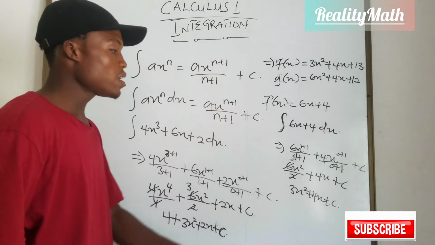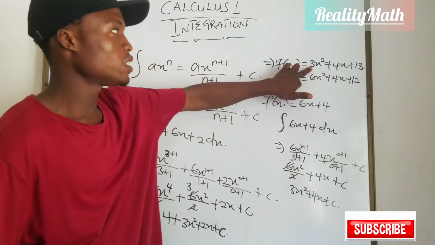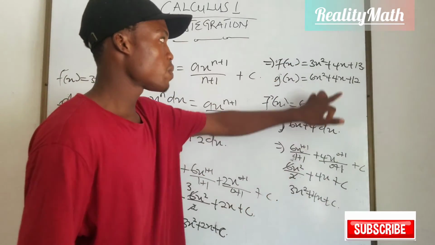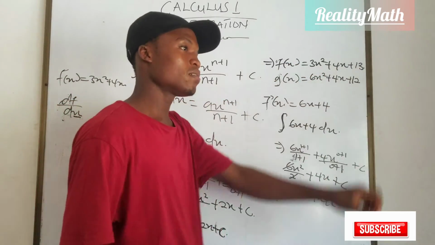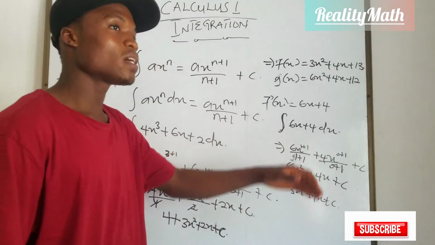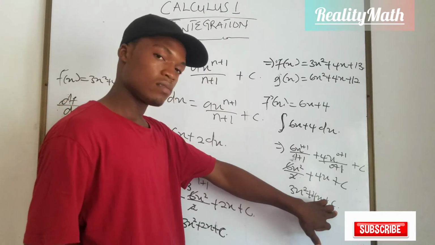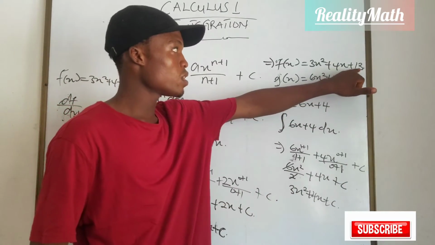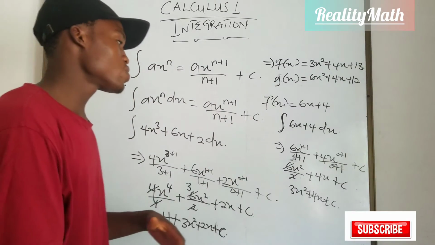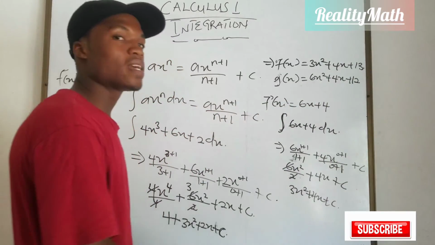Now you realize that we've now gotten back our function f of x, 3x squared plus 4x plus 13. This is why we now bring the c. It's a constant, even though there could be another constant. That is why we bring the c. So it means that the c now is equal to 13. If you are being asked to find what c is in relation to this, our c is 13.